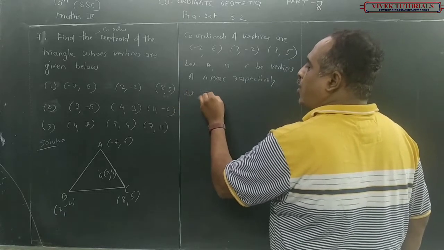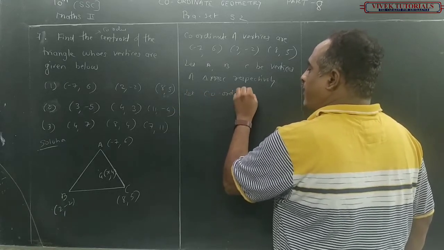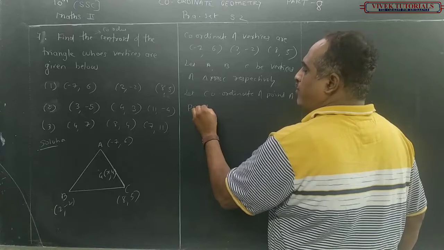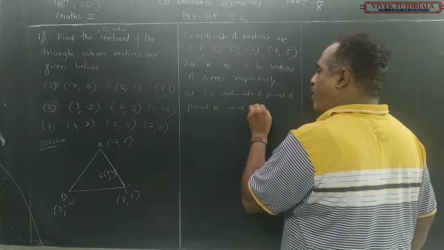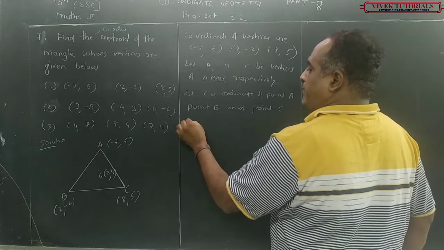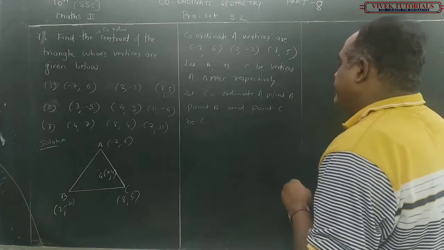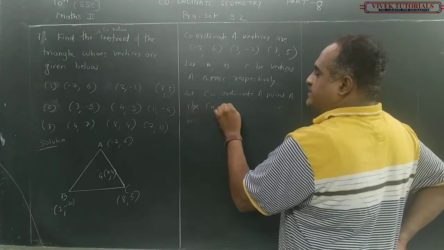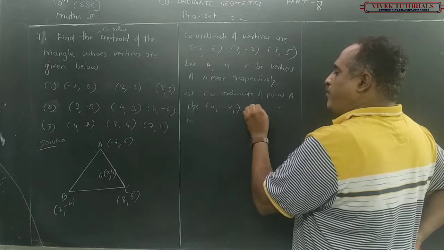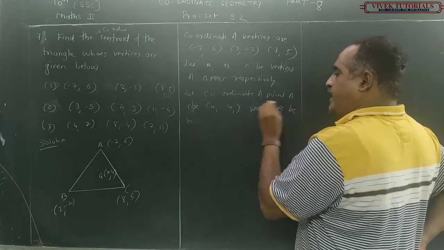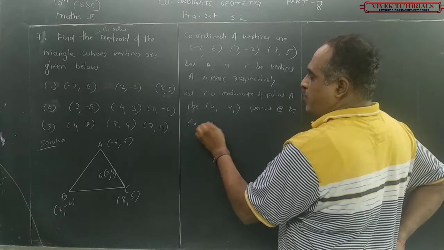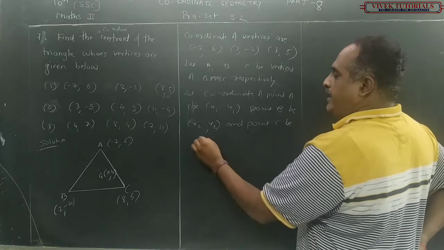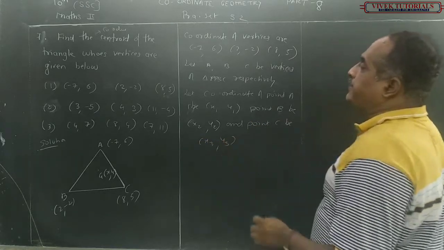Let the coordinate of point A be x1 y1, point B be x2 y2 and point C be x3 y3.